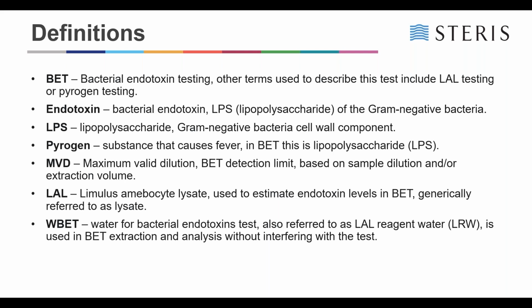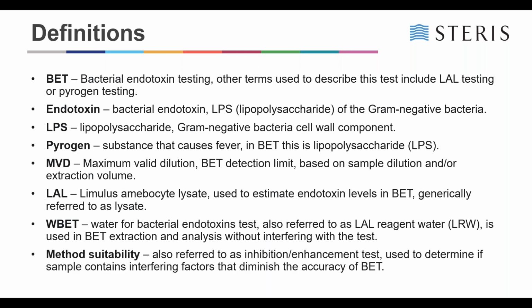The next term that we have here is a new acronym that we're using for the water for extractions. And this is an acronym, WFBET, water for bacterial endotoxin tests. Historically, it's been referred to as LAL reagent water. And this is a water that we use that will not be reactive with the test itself.